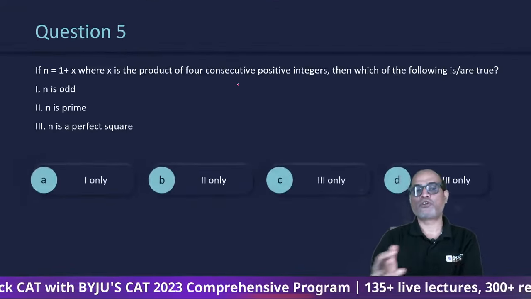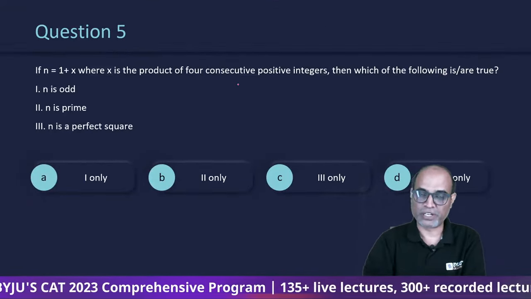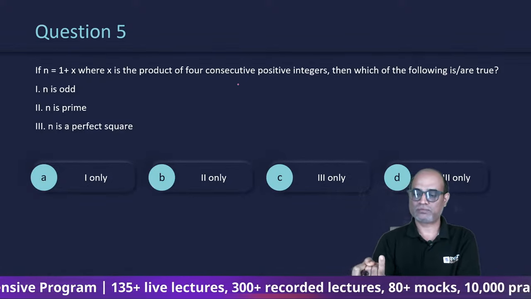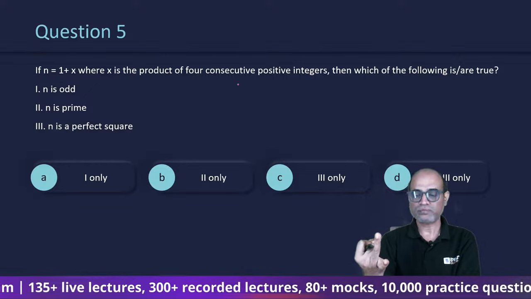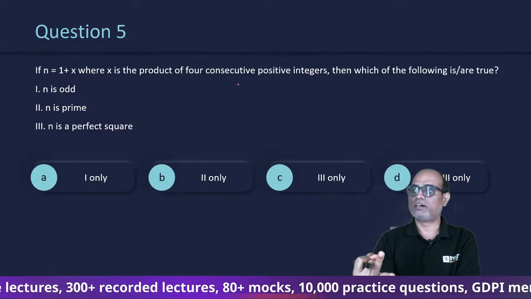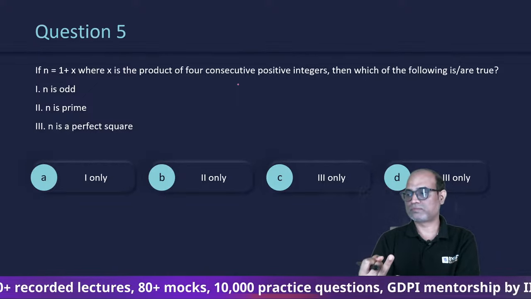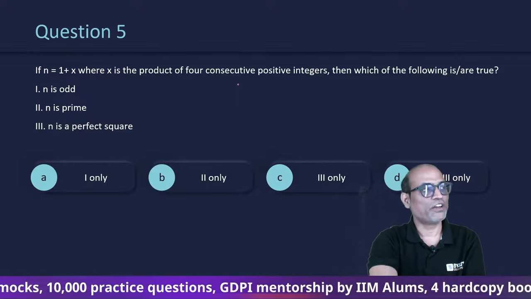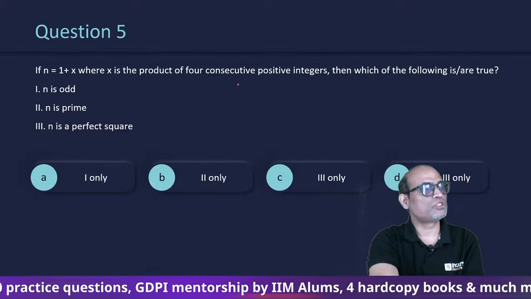So this is how we are going to proceed with every question we will be doing from now on henceforth. Assumption, options, और तीसरा क्या था? How did I forget?